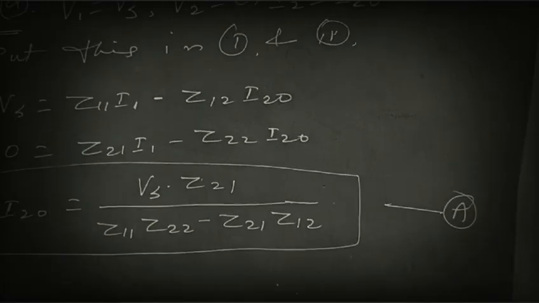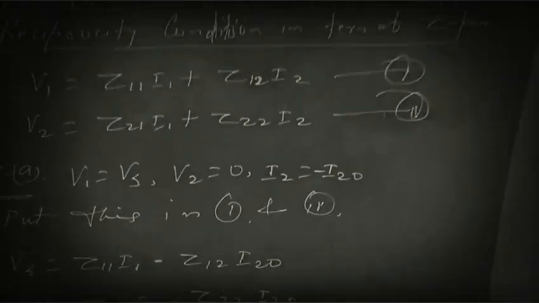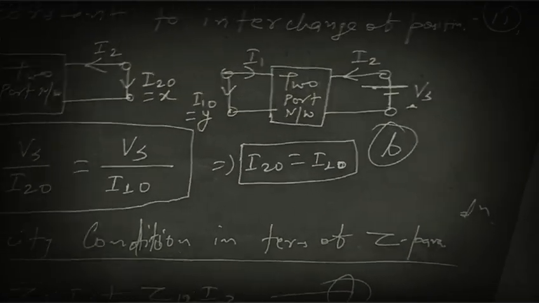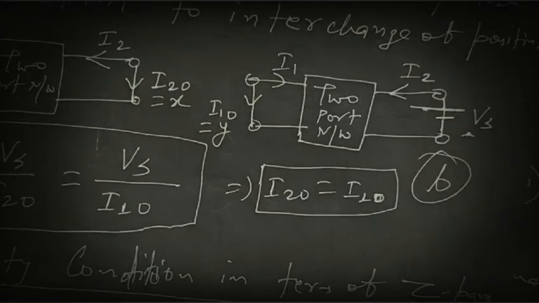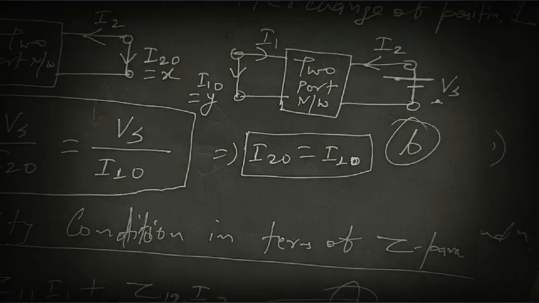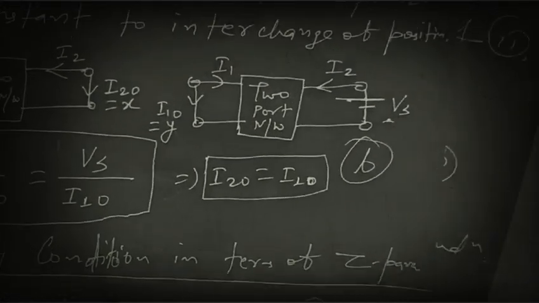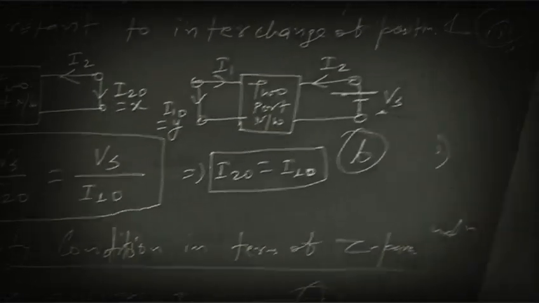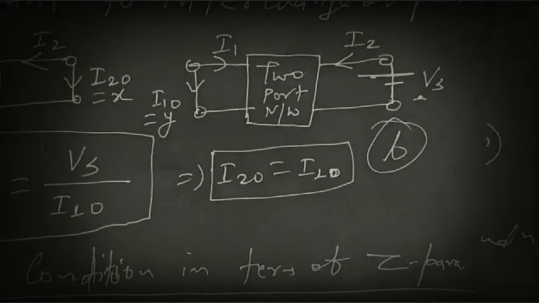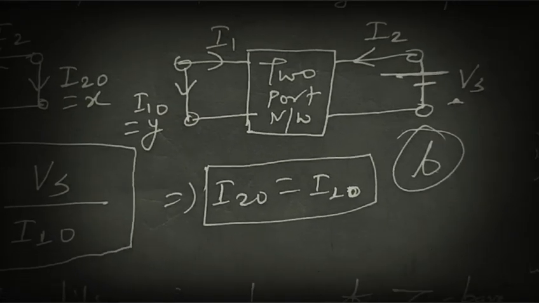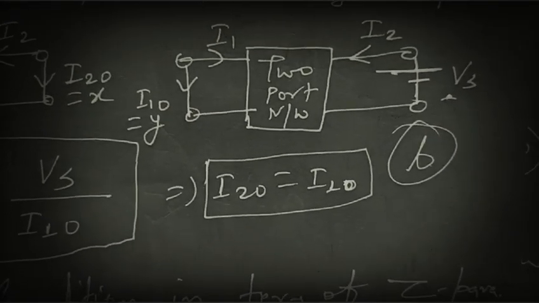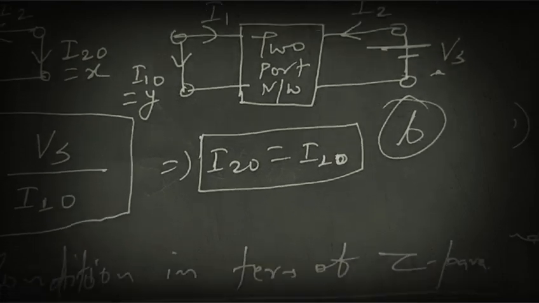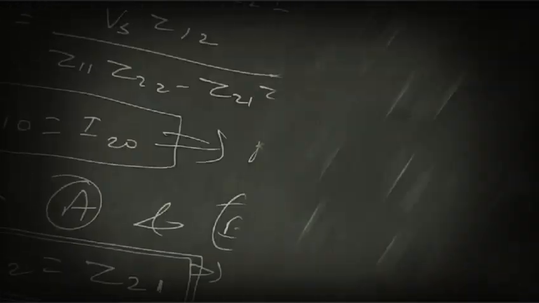Next, we see the figure 2. We'll put the conditions of figure 2 in the equations. The figure 2 conditions are V2 equal to Vs, I1 equal to minus I10 and V1 equal to 0. So let us put this condition.